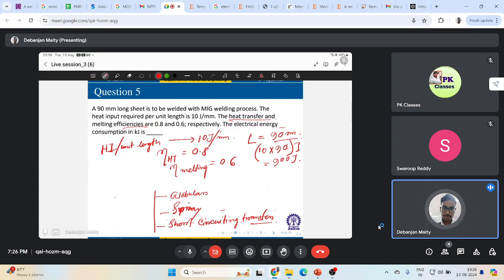Now if you are having some efficiency, so there is some heat transfer efficiency, there is some melting efficiency. What will be the energy consumption then?